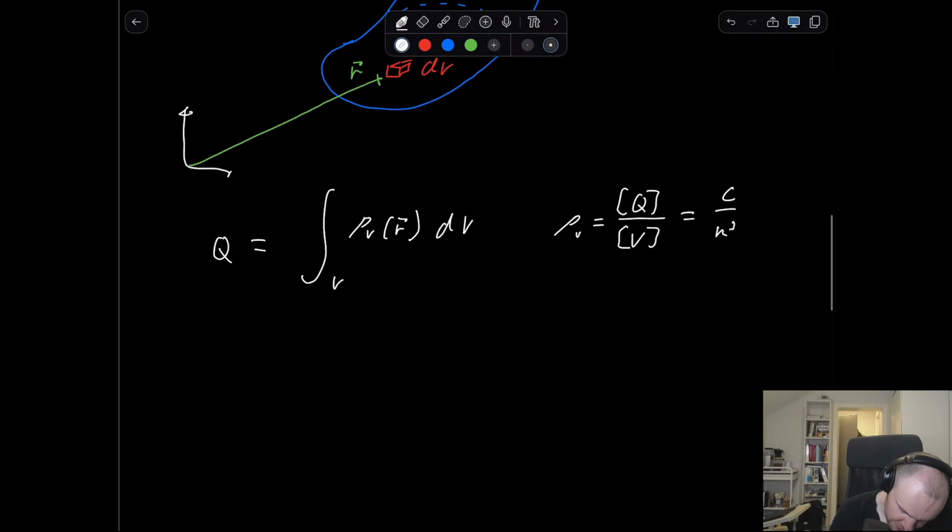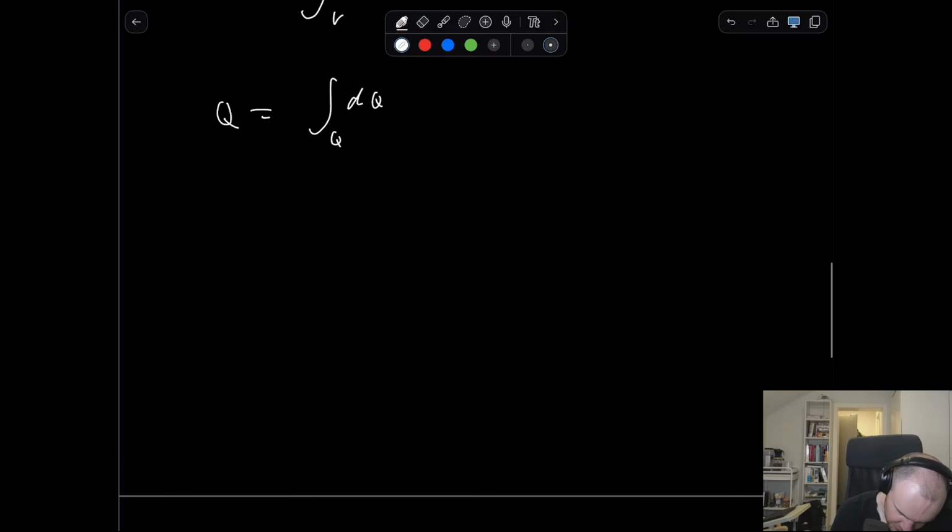All of this was a bit motivated by this notation here. We are integrating over all the charges, dq. We can also write this for a surface.